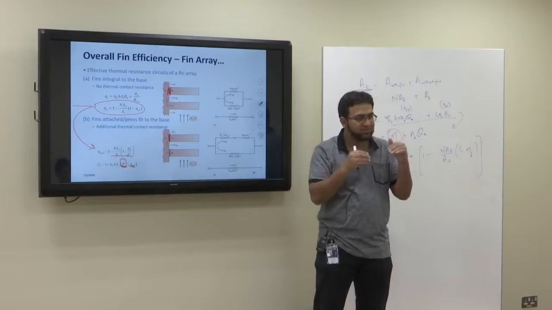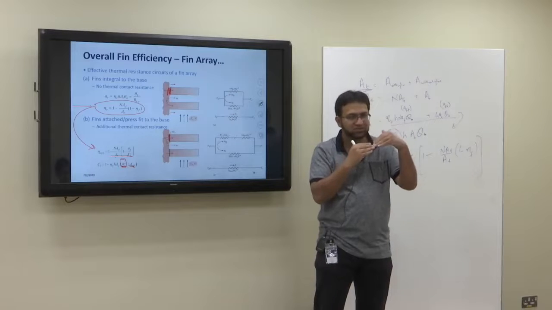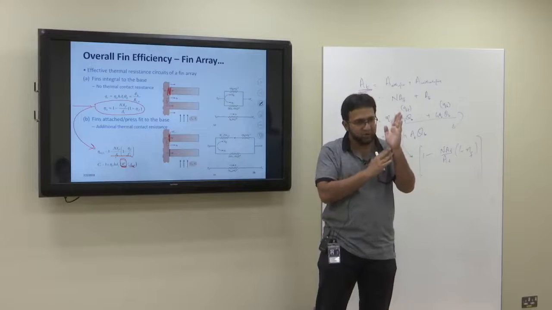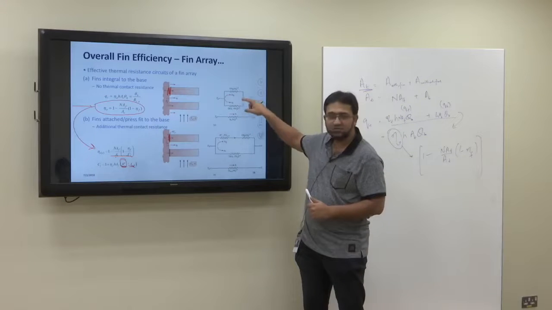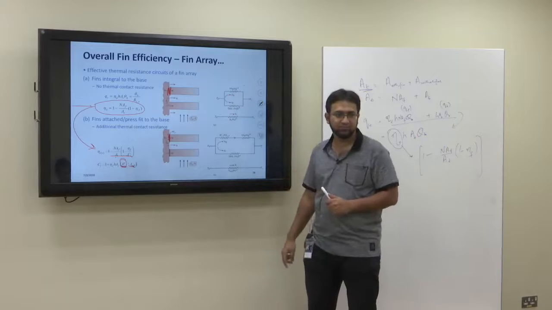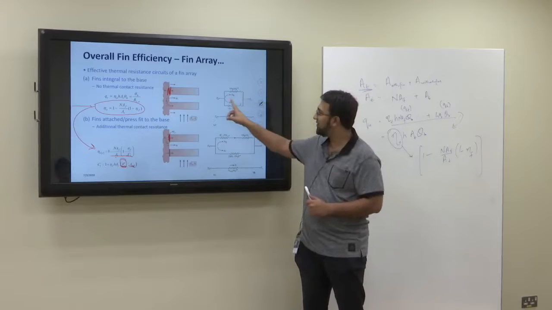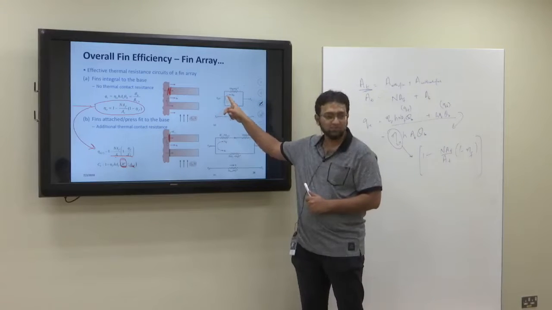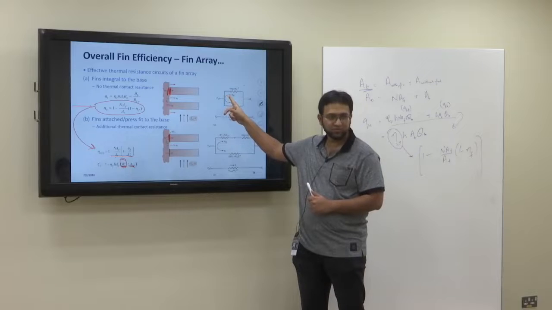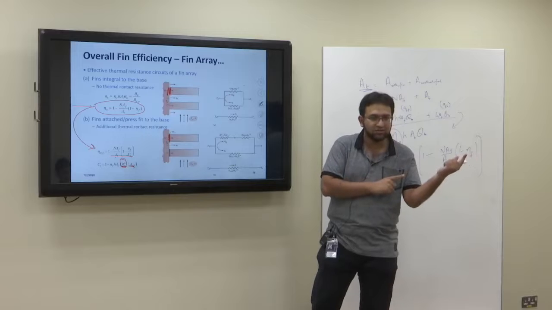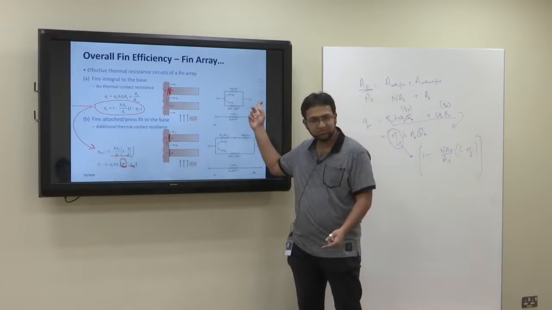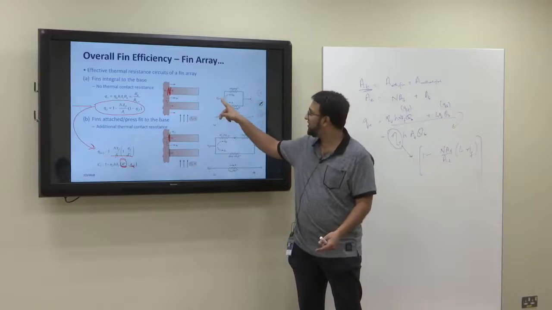But at the base and the fin, the temperature is same. So if one point has the same potential, then the two resistances are in parallel. Two resistances are in parallel if at one end potential is same. Here the potential is the temperature. So if the temperature is same on one end and on the other end, it's TB to T infinity.